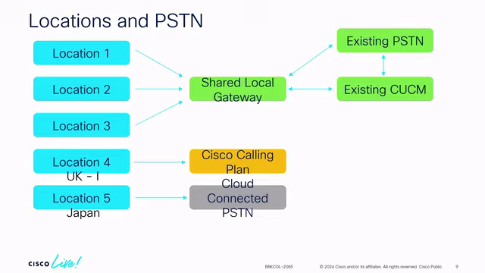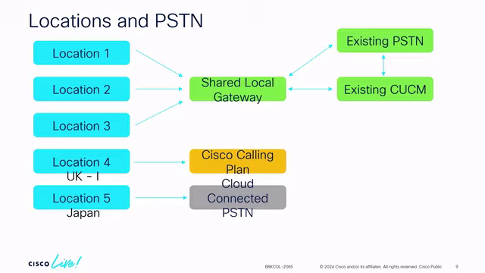Better yet, in Australia, you know what, Justin, in Australia and Asia Pac, we have a relationship with NTT because they're everywhere. So I want to use NTT, which is a cloud provider, in my Australia and my Singapore locations. No problem. So the cool thing about what we can do is you can literally pick and choose by location what PSTN option you want for that, ultimately, for that location.